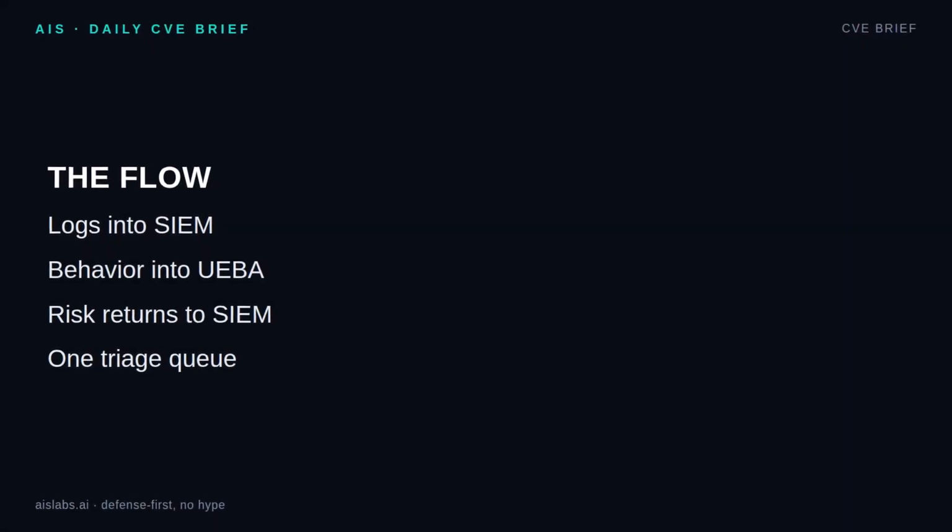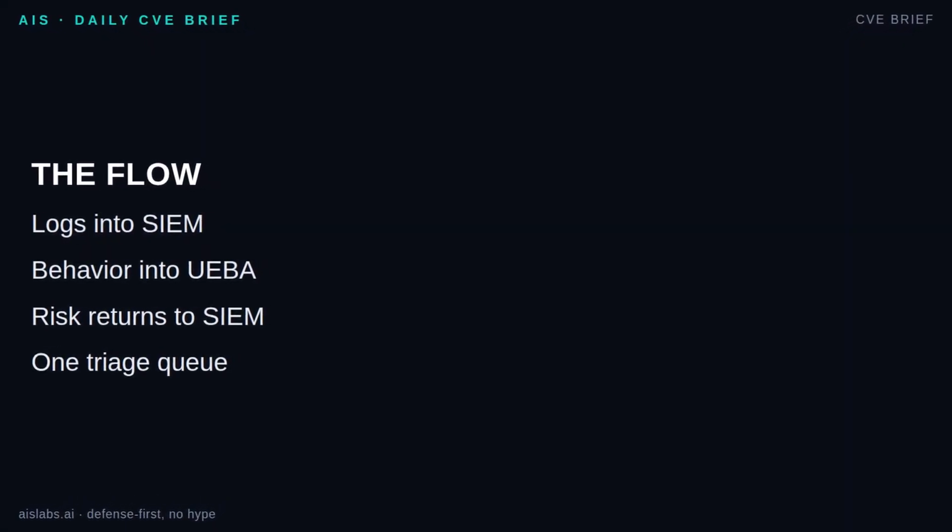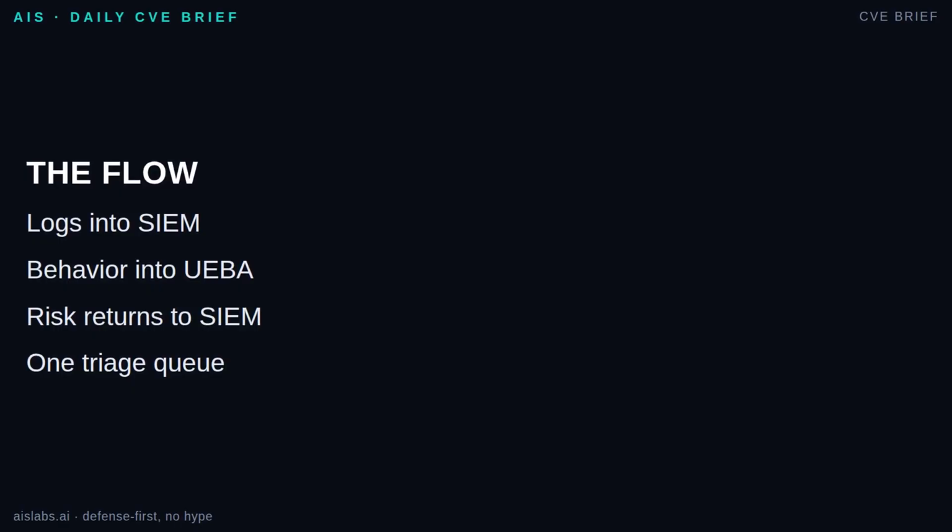The mechanics are simple when you strip away the labels. First, logs flow into the SIEM. Identity events, endpoint alerts, cloud activity, VPN records, email signals, file access, DNS, and application logs. Second, those same events, or a clean subset, feed UEBA. UEBA learns patterns such as usual login hours, common locations, normal devices, typical data access, and peer group behavior.